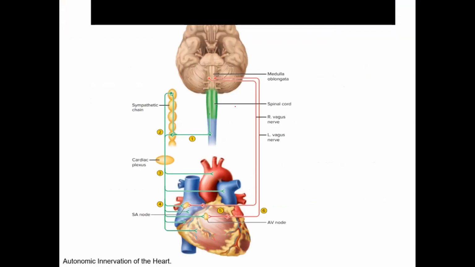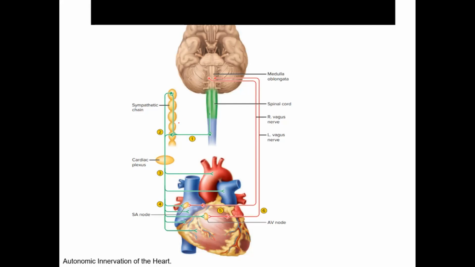And in this picture, you can see both of them. For example, the cardioaccelerating center here descends to the upper thoracic segments, T1 to T4 of the spinal cord, where the sympathetic preganglionic neurons are. In the lateral horn, they rise to the adjacent sympathetic chain.